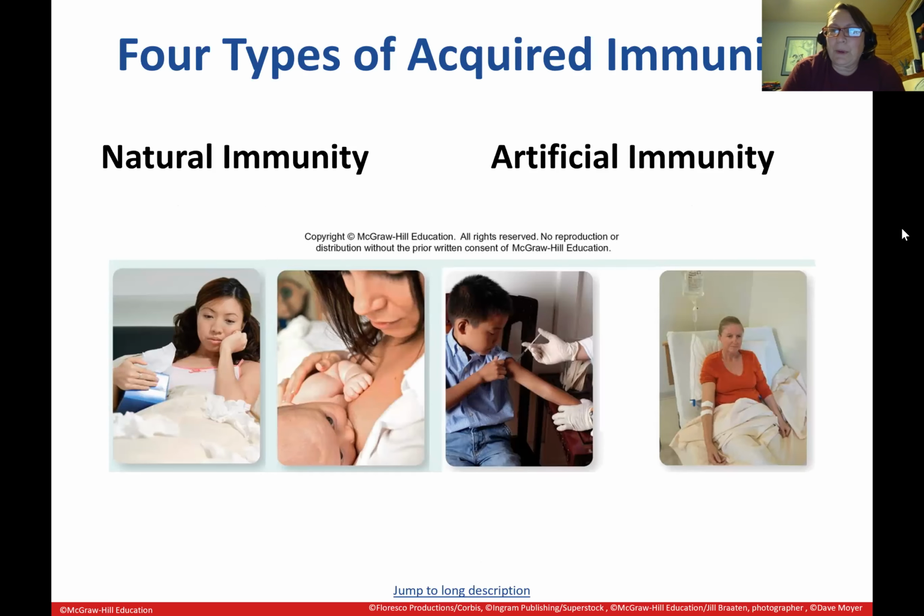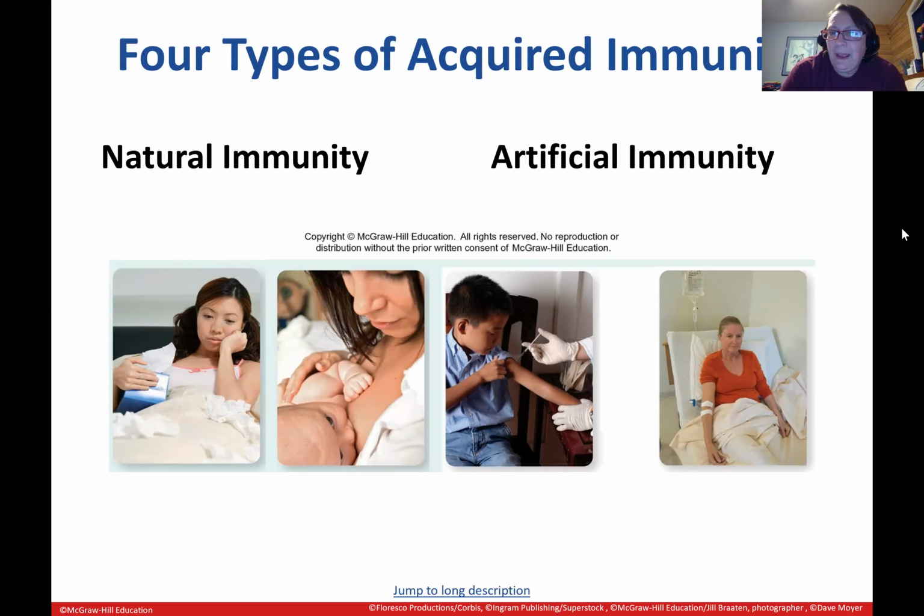Okay, so here are those 4 types of immunity. You can have natural immunity, which is either you get sick and you get better and then you have some level of immunity, or you can have that temporary immunity from something like colostrum or breast milk, where you are acquiring those antibodies from the mom who is actually producing them.